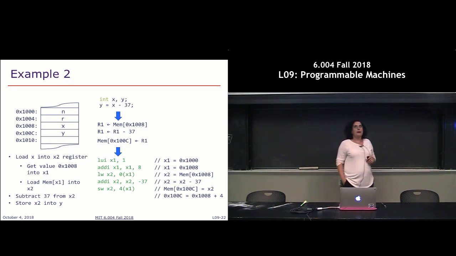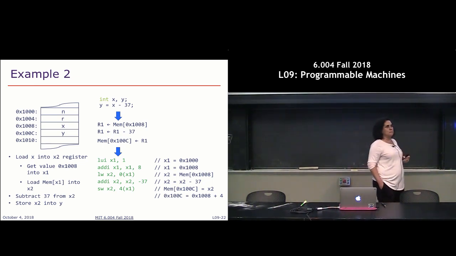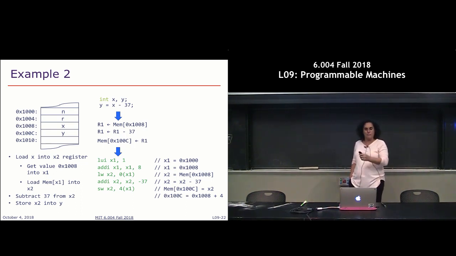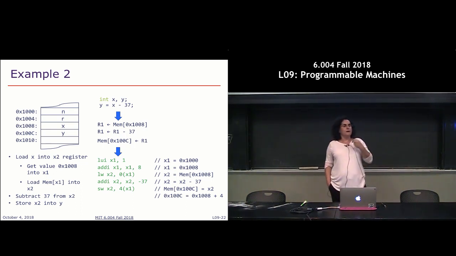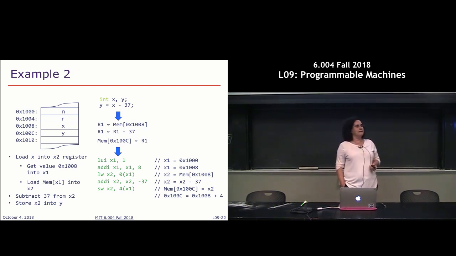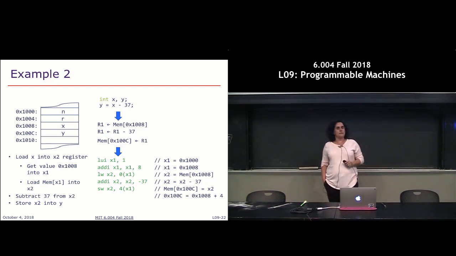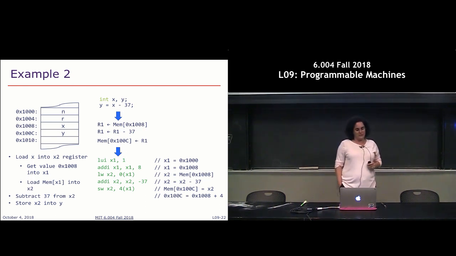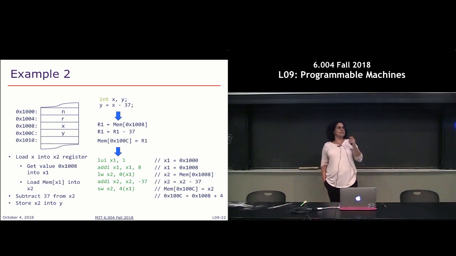Okay, so now we're ready to do a little bit more in our RISC-V instructions. So going back to our original example where we had our variables stored in memory, let's see how we actually go ahead and implement this using RISC-V instructions. So here we have a little bit of pseudocode of what we need to do. So the first thing we need to do is we need to load the variable x into some register.